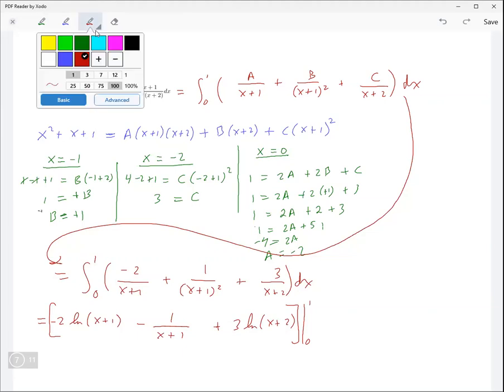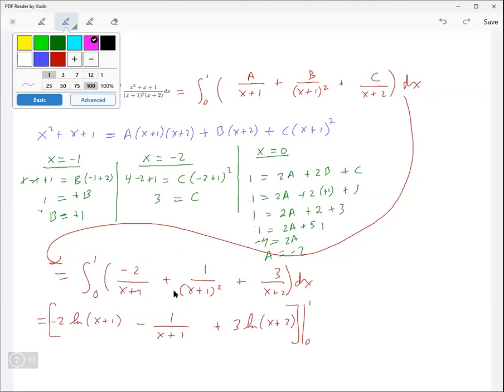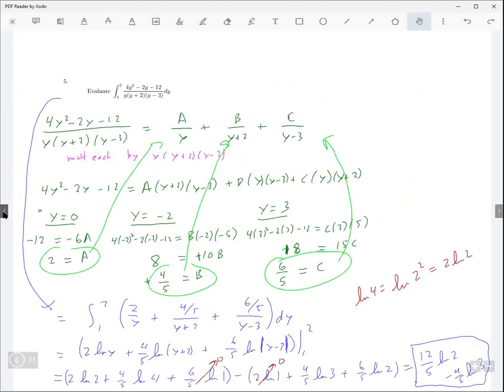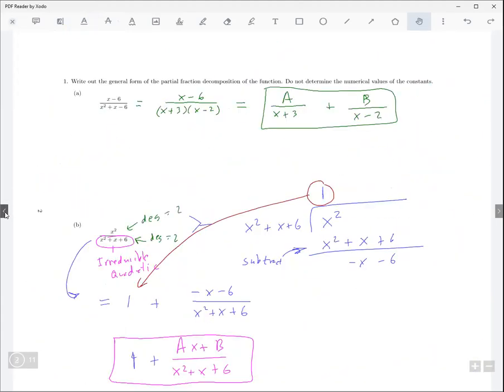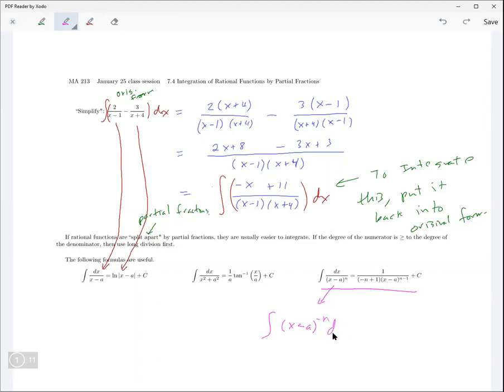Okay, so let me explain that one really quickly. This integral right here. First of all, I put it as this formula here. Essentially, think of it this way: x minus a to the negative n.